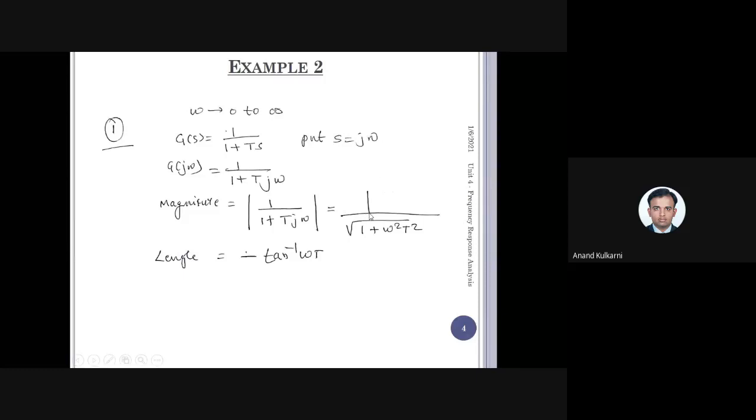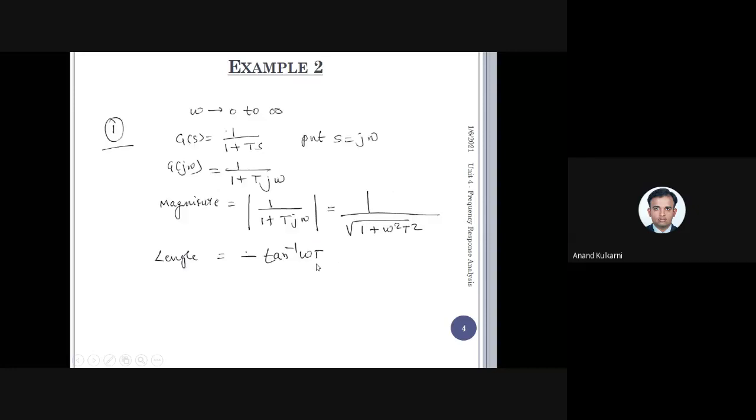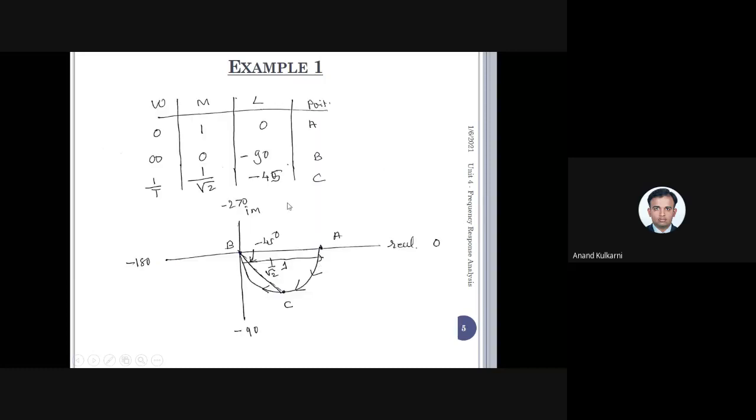So 1 upon infinity is 0. So the magnitude becomes 0 here. Correct? Then the phase angle, you put omega equal to infinity, tan inverse of infinity is 90 degrees. The minus sign is outside, so hence minus 90 degrees.